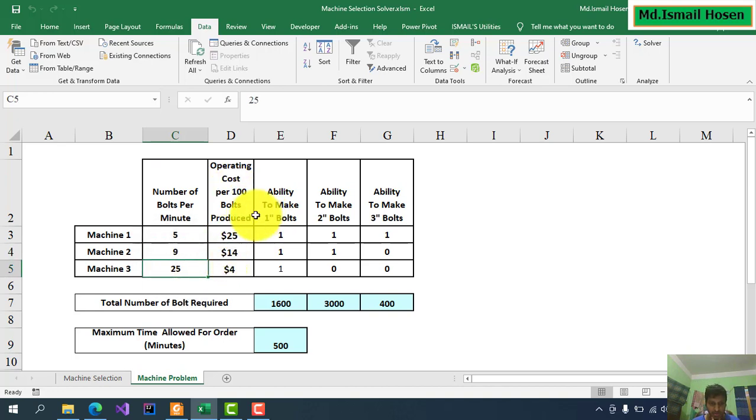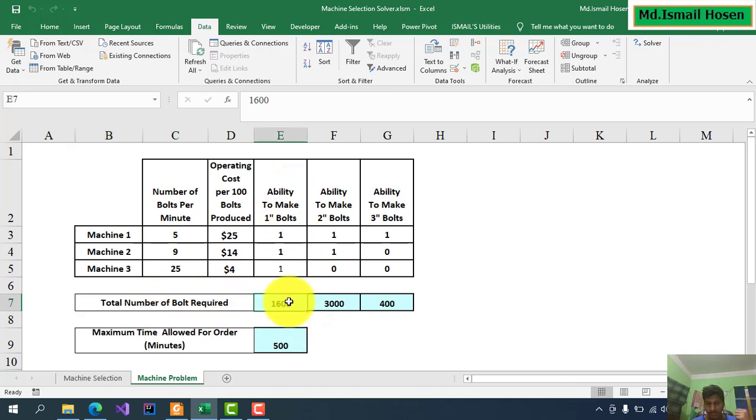The operating cost per 100 bolts produced is $25 for machine 1, $14 for machine 2, and $4 for machine 3. And the ability to make 1-inch bolts, 2-inch bolts, and 3-inch bolts. So there are three types of bolts produced on these different machines. And we have a requested number, the total number of bolts required.